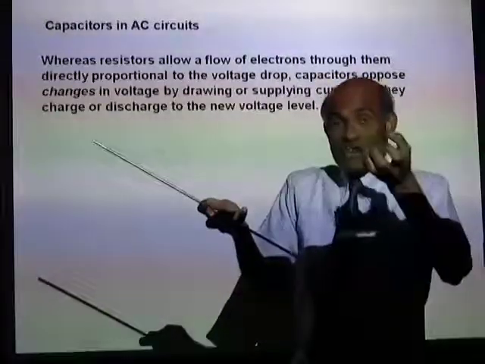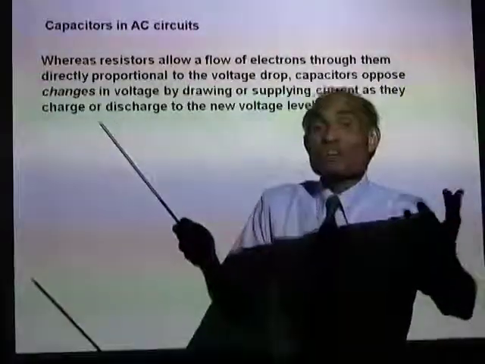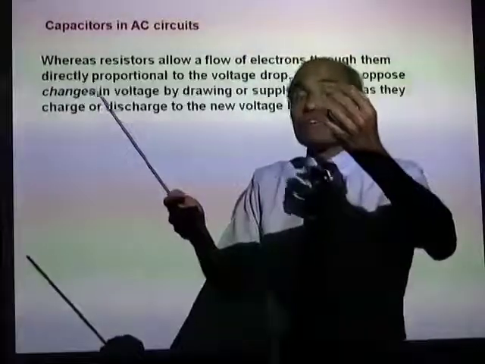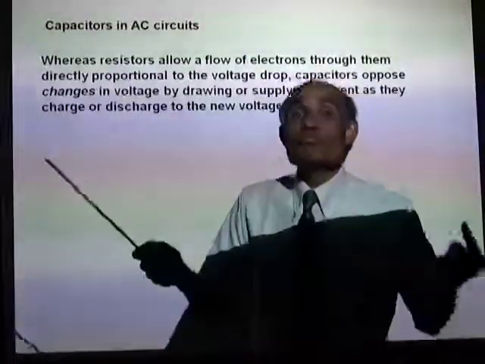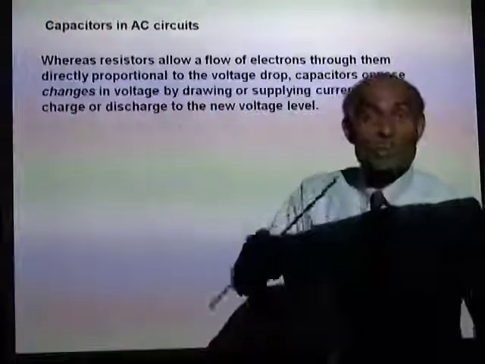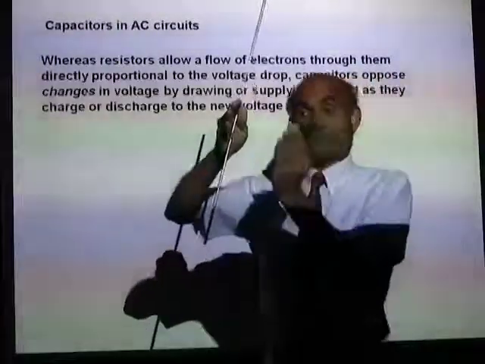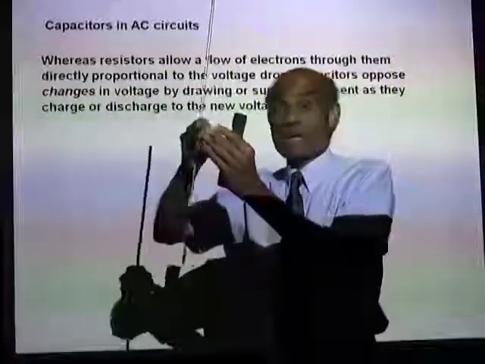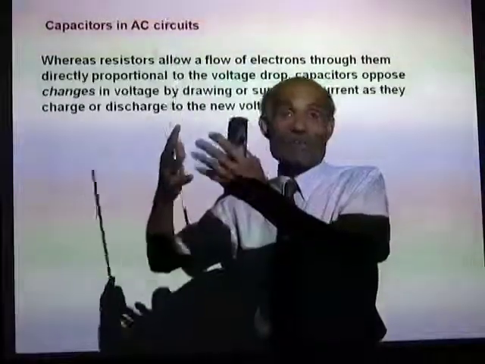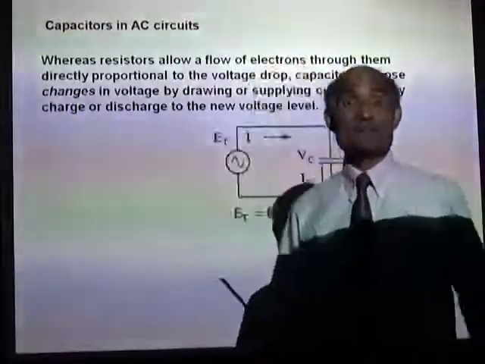As it gets charged, the potential difference across the capacitor changes, and the current flows only when the potential difference changes. When the capacitor is fully charged, it has a constant potential. There will be no current flowing in the capacitor.